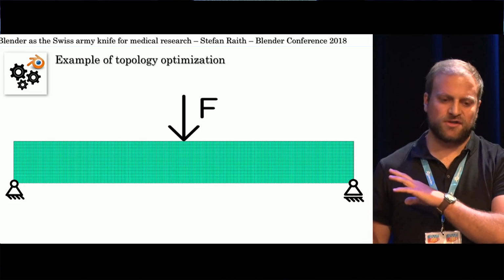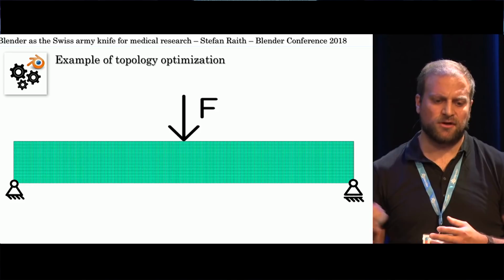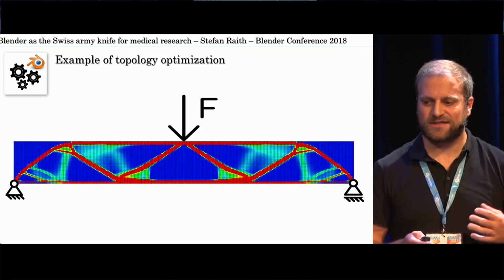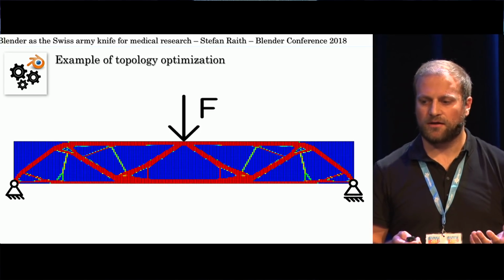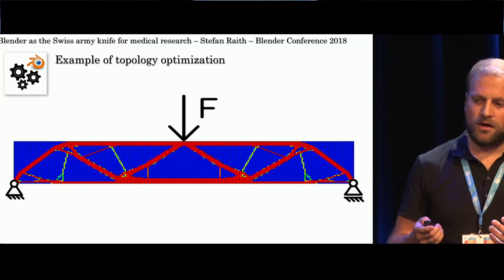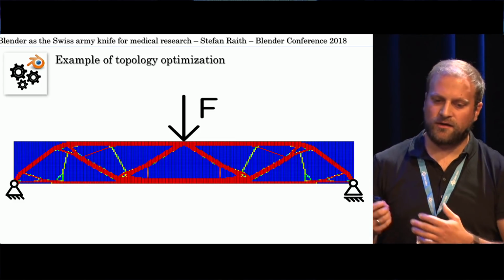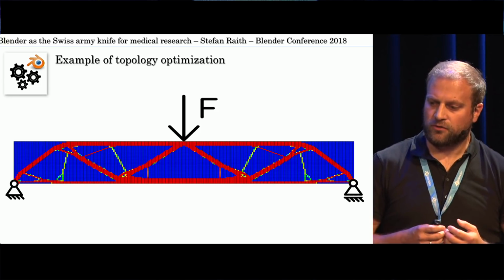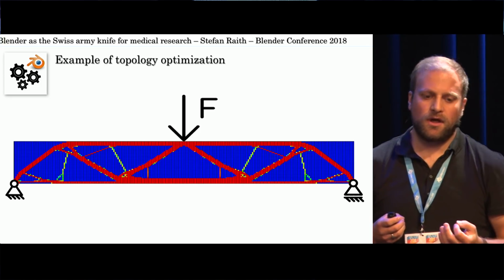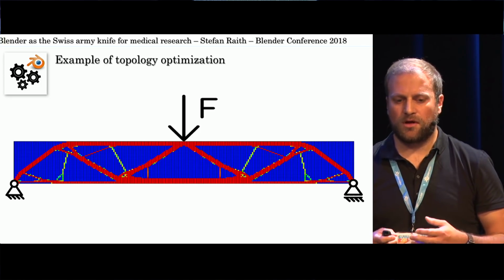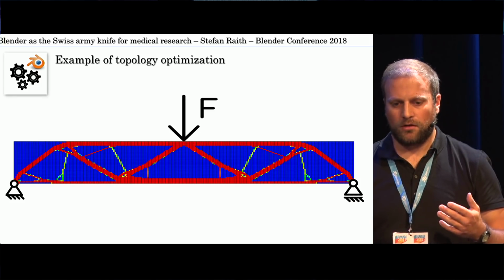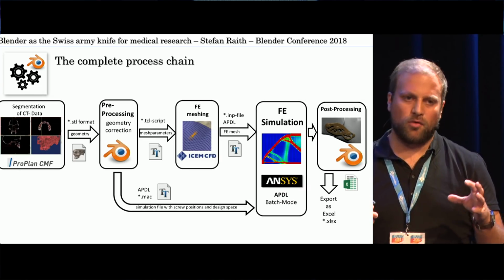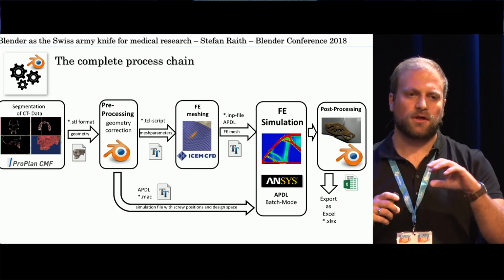So this is a so-called design space of some beam-like structures that is loaded in the middle, and the algorithm is capable of distributing material according to the stresses and strains that occur in the material, and finally an optimal material distribution is provided that resembles a framework-like structure, like a train bridge, for instance, and that is because the material is basically distributed according to optimal mechanical loads.